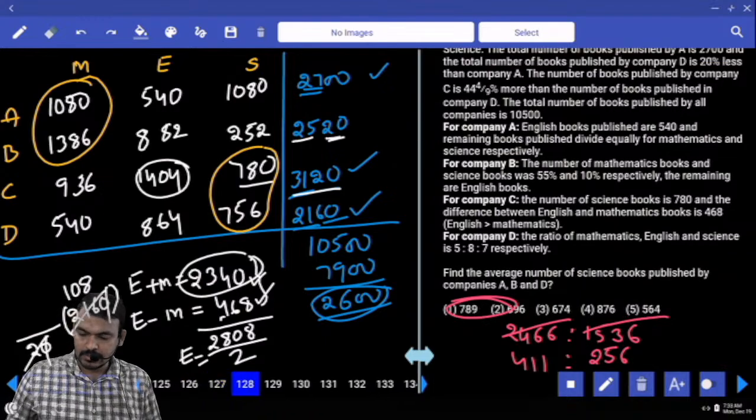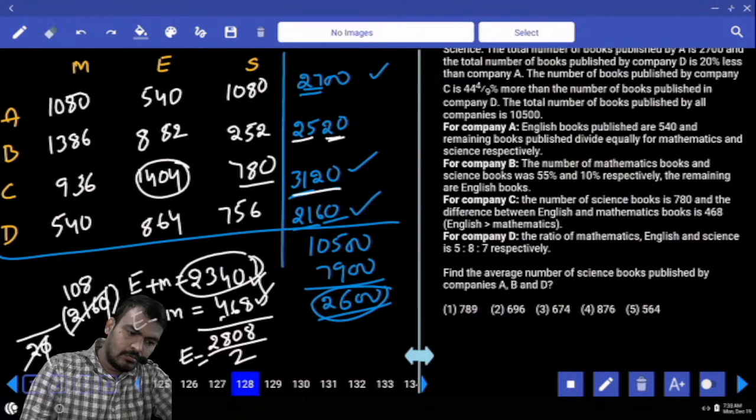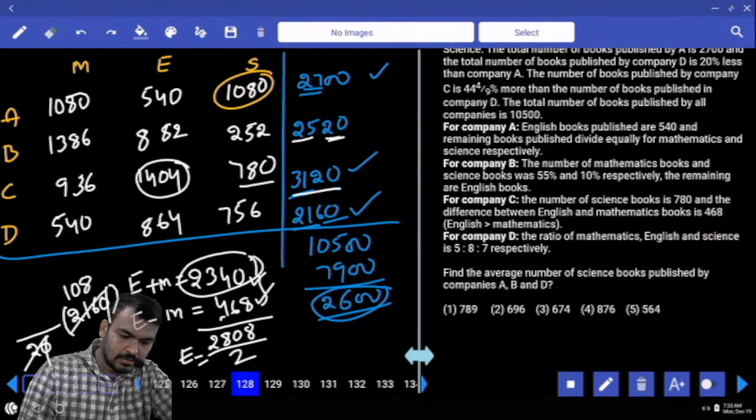Next, 128. Find the average number of science books published by companies A, B, D. What is the A value? 1080. Already we know. What is the B value? 252.